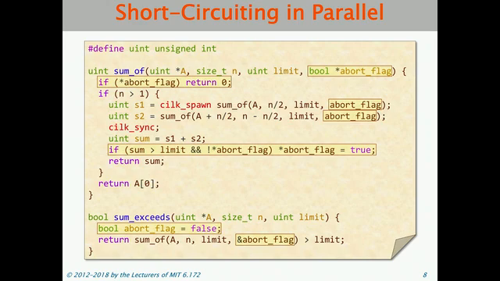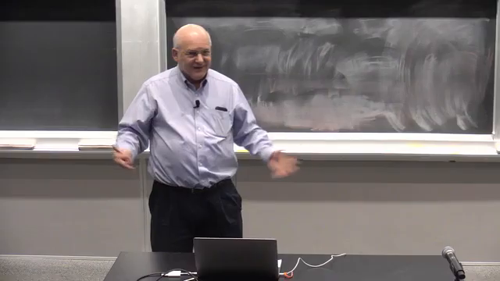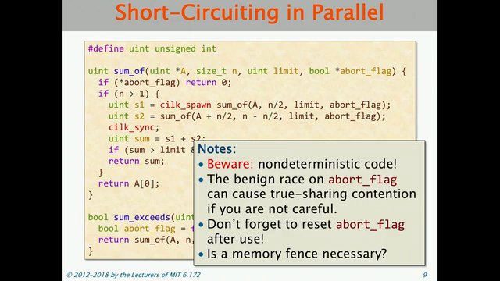Okay, so it doesn't have to keep going through the computation. And of course, once again, you can coarsen the leaves and so forth. So this is non-deterministic code, which we should never write unless we have to, because that's the only way of getting performance. And you have to make sure, of course, you reset the abort flag after use.